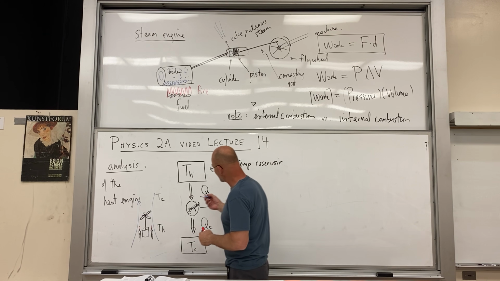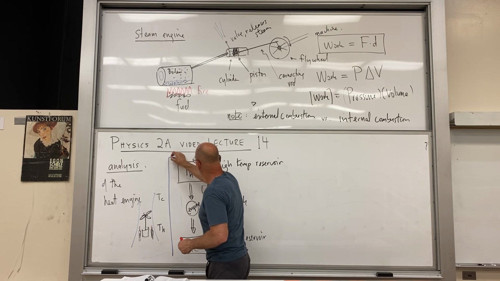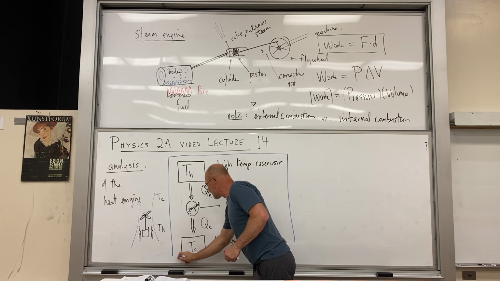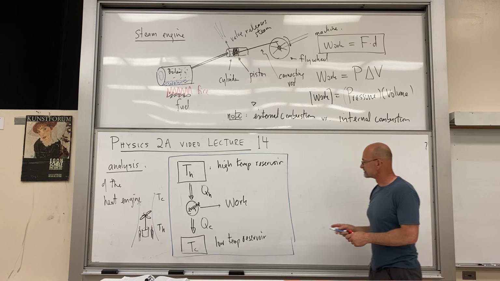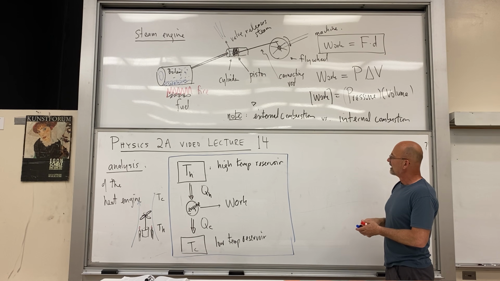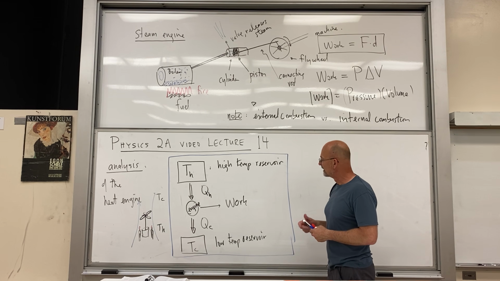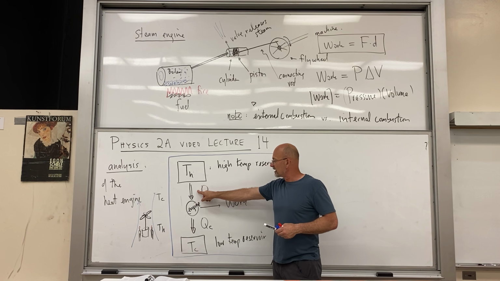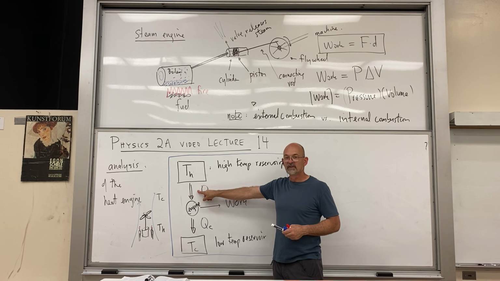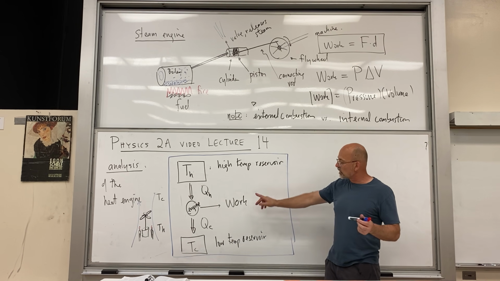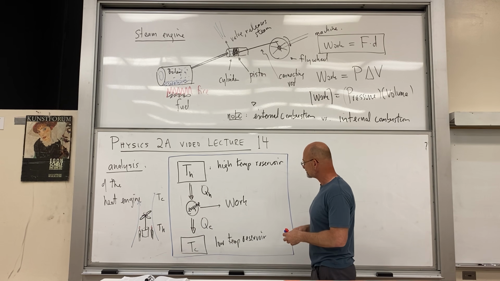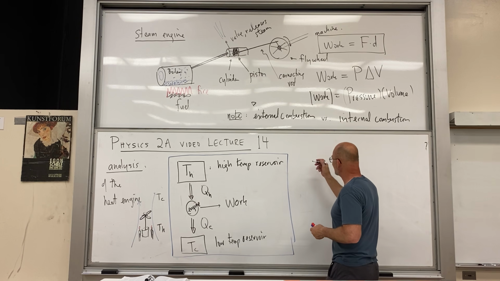How about I put this thing in a box here? I'm going to do an analysis of this scenario right here. And the question now is, how much work can we get out of a given amount of thermal energy? Which is, we want to know, how much work can we get out of a given amount of fuel, after all? Okay. And that's the question of the efficiency.